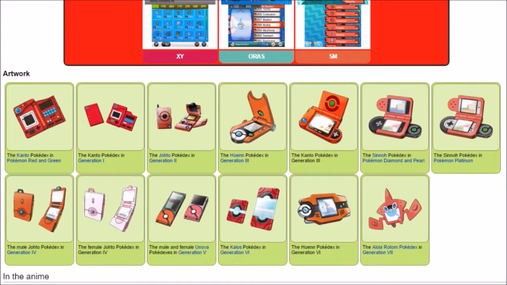And those entries, which are fun to read, and I may make a video on that in the future, are basically a very, very short, fun bit of information on that Pokemon. Sometimes it's significant to their lore, sometimes it's just plain weird.